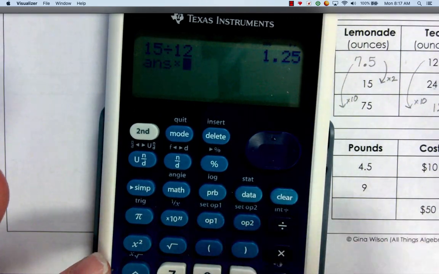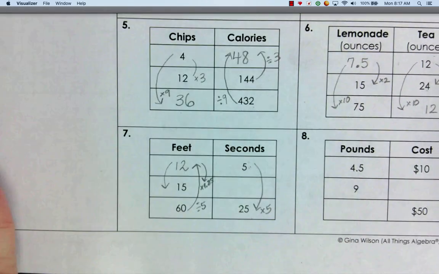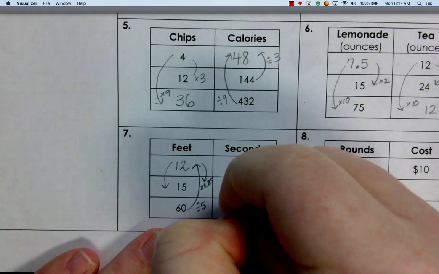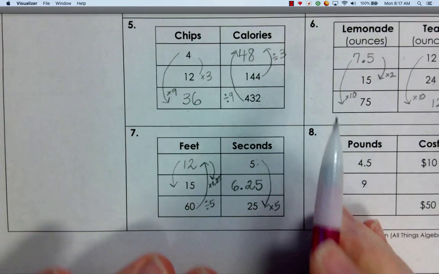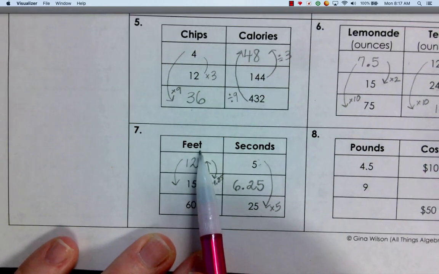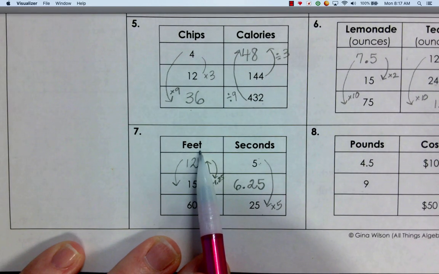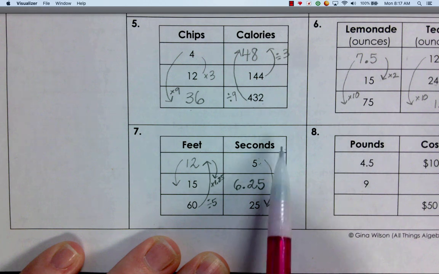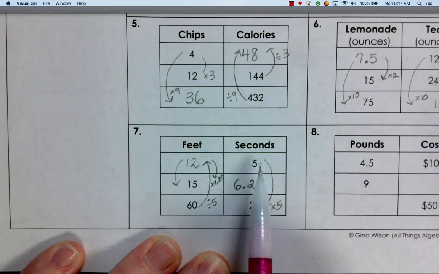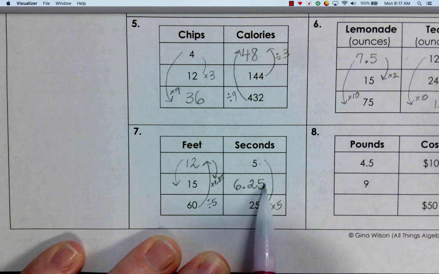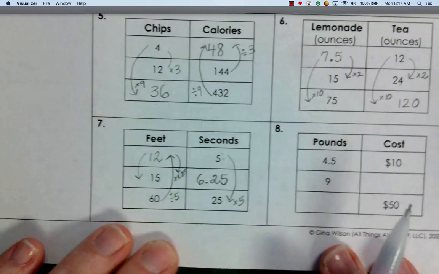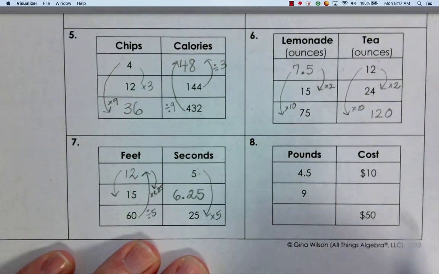So times 5, and you get 6.25. Now, I'm sure some of you are not feeling great about this, but think about it. How many feet do you travel in this amount of seconds? So we're saying 12 feet in 5 seconds, 15 feet in 6.25 seconds, 60 feet in 25 seconds. So you also got to look at the relationship. Does it make sense? All right.